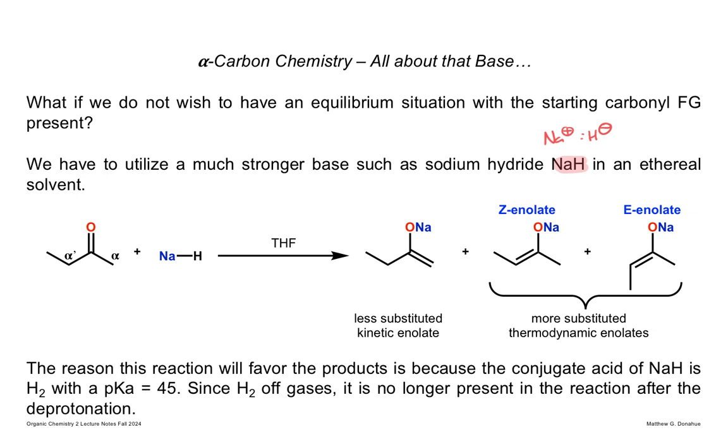So that's a much stronger base than the alkoxide bases. So for example, plus and then minus, even though I'm showing this as a covalent bond here in the middle, the hydride owns those electrons.